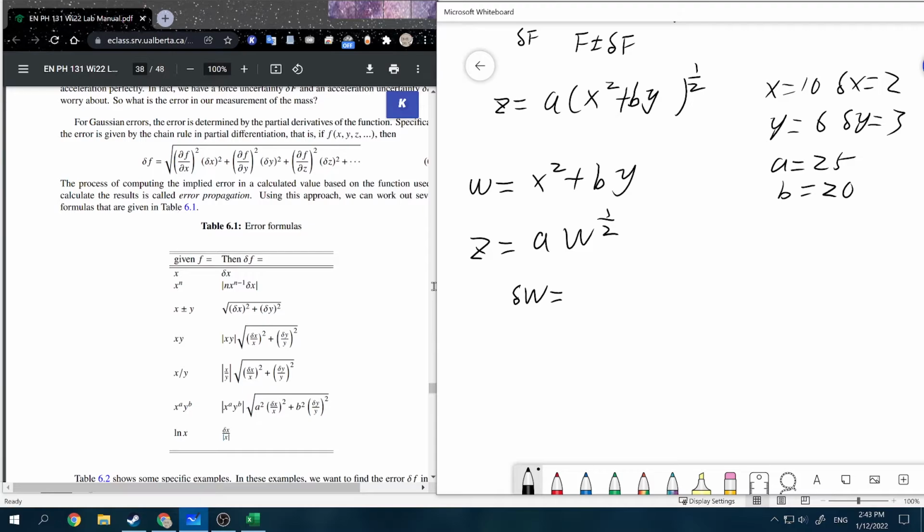Okay, which formula do you use? We're going to use this formula: area of x squared, all squared, plus area of b y, all squared.